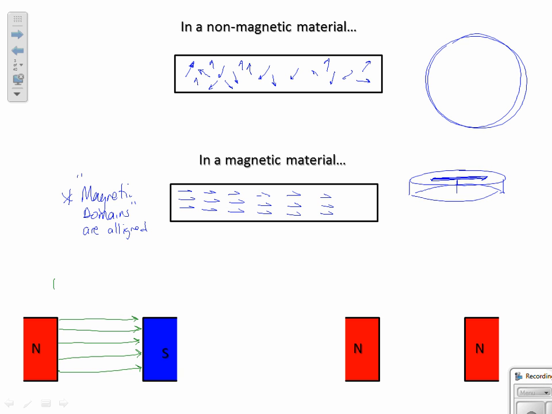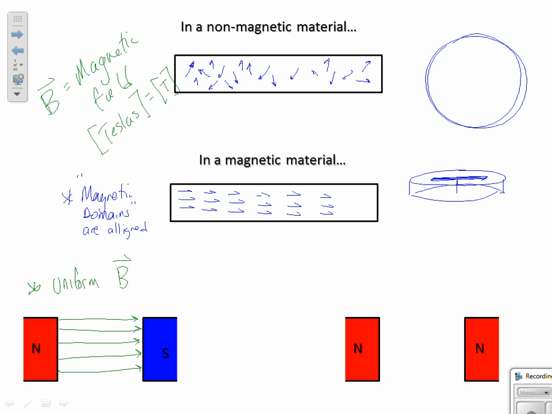This is what we call a uniform B, and B means magnetic field. B is measured in Teslas, so we'll call that capital T.